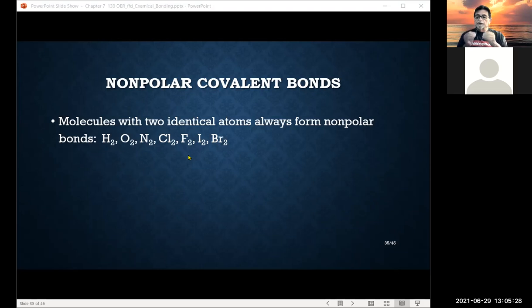Basically, non-polar is equal sharing of those electrons. Unlike ionic bonds, where they have a full-fledged negative and positive charge, there isn't a full-fledged negative and positive charge in covalent bonds. Those electrons are being shared in that bond.